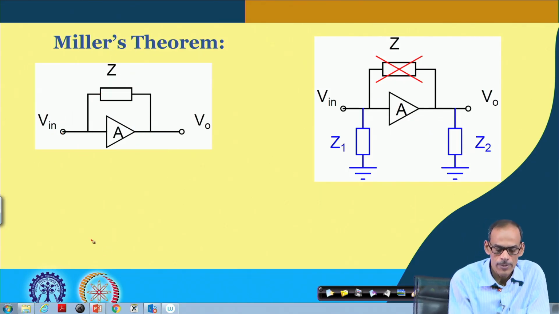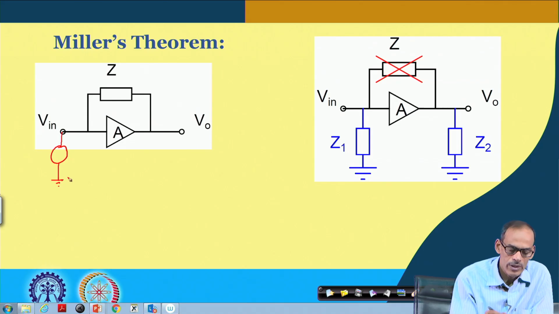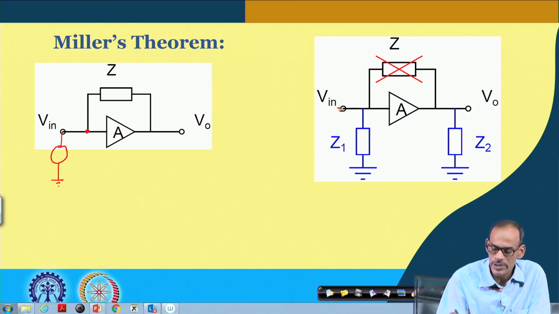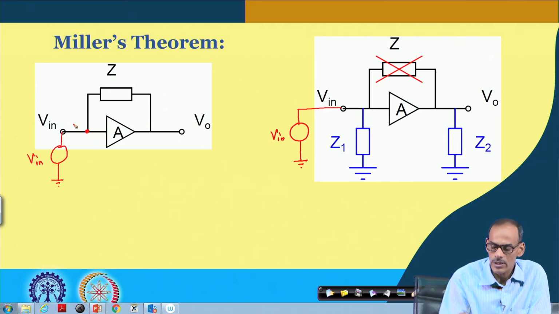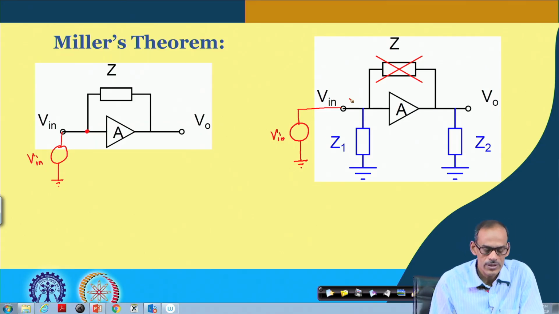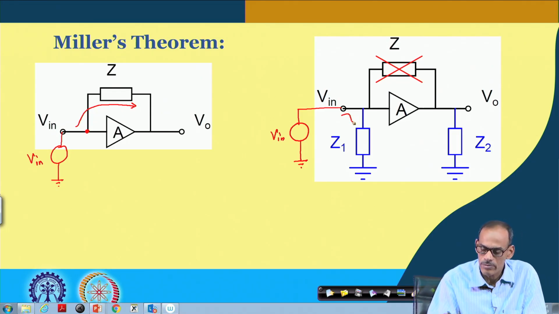First of all, if we feed a signal V in, and we call these two circuits equivalent, then if we feed the same signal V in, the condition for this circuit and this circuit should be the same. This means that if I am feeding a voltage here, whatever current flows through this element should be the same for this circuit also.